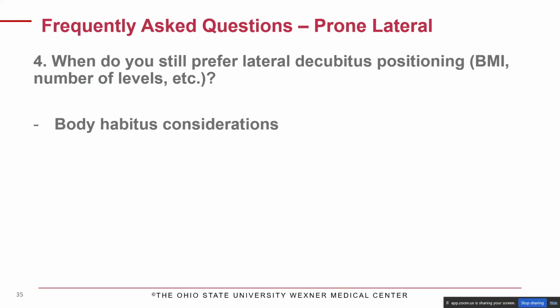So if somebody has a higher BMI and is more pear-shaped, where essentially the flank between the ribs and the iliac crest is where all the weight is, that will tend to be exaggerated in the prone position, and that might be a sign to just go ahead and do it lateral decubitus, and potentially stage it.